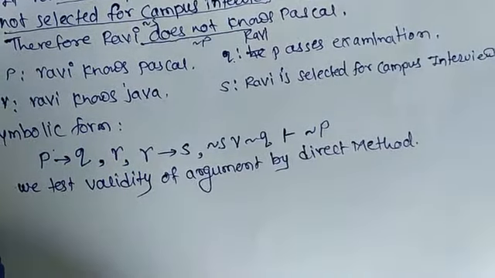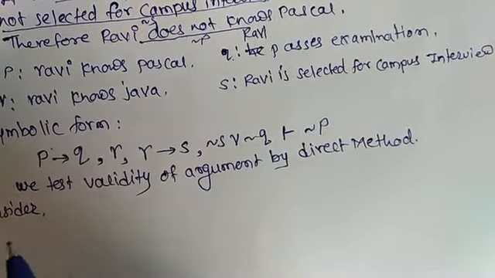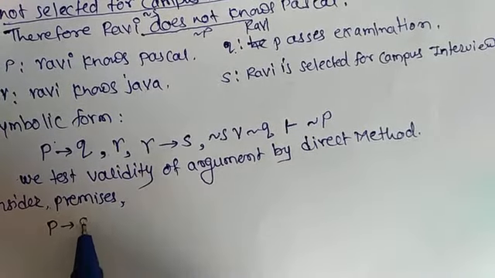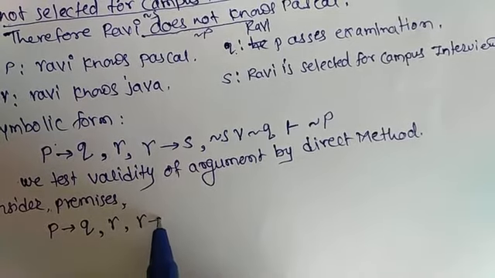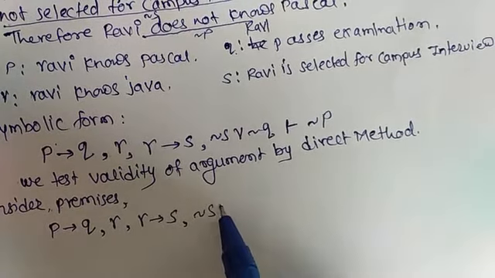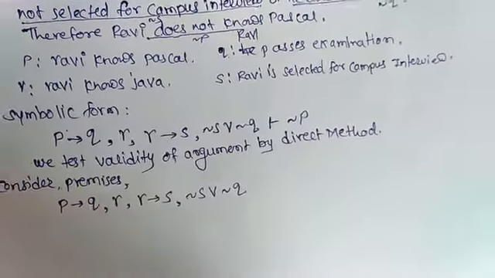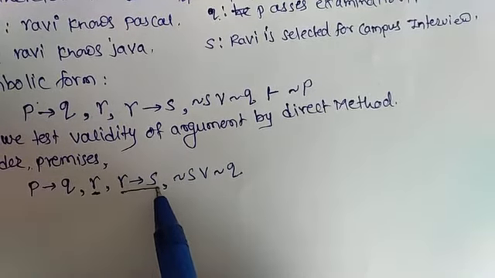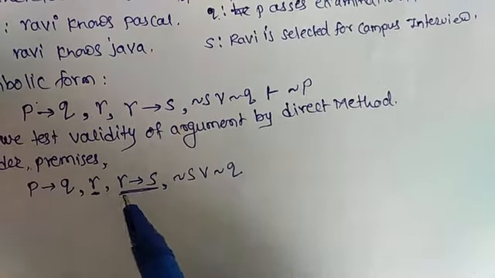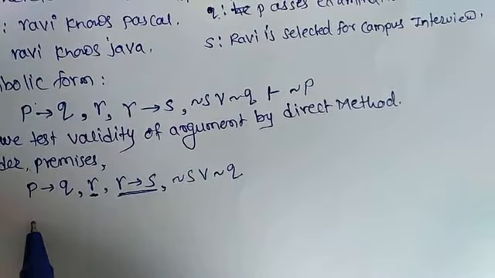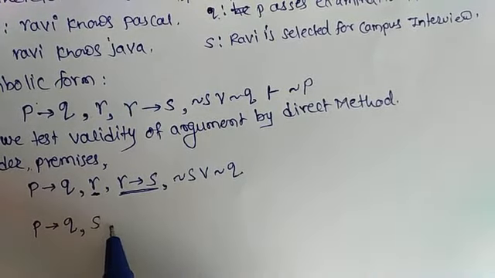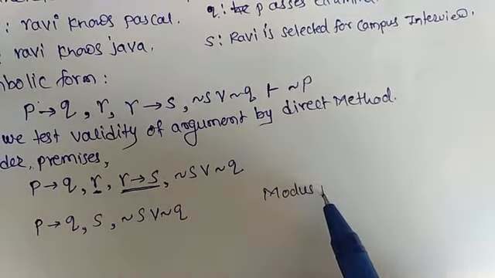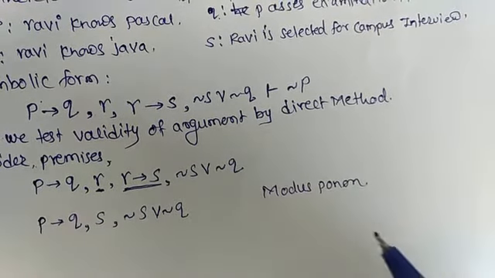So consider, for the direct method, you have to consider the premises: P implies Q, comma, R, comma, R implies S, comma, negation S or negation Q. First of all, from R and R implies S, that means by modus ponens, you get P implies Q, comma, S, comma, negation S or negation Q. We have used modus ponens here.